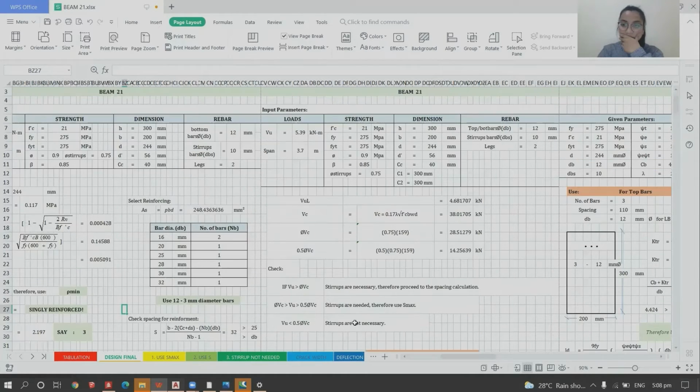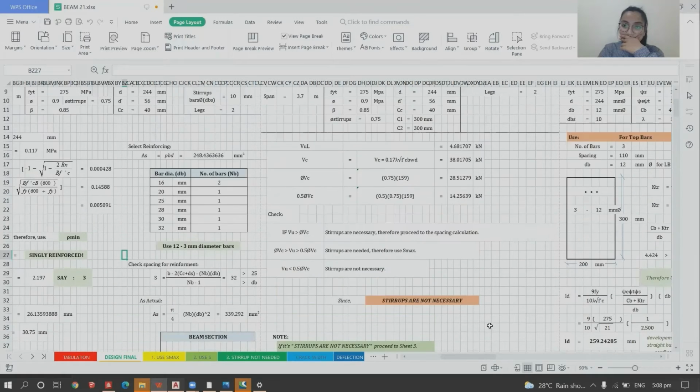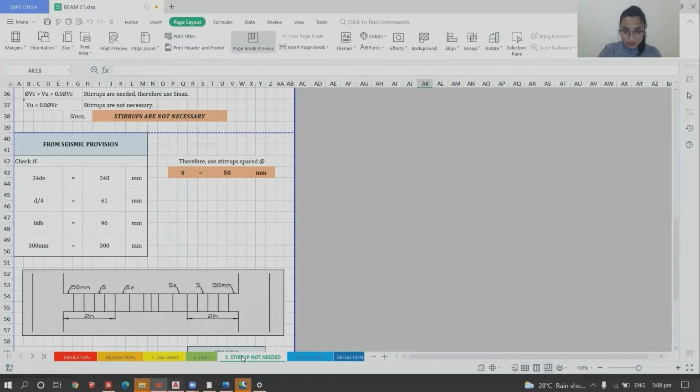So for this, we can calculate the stirrups. Since Vu is less than 0.5 theta Vc, therefore stirrups are not necessary. So let's proceed to sheet number 3.